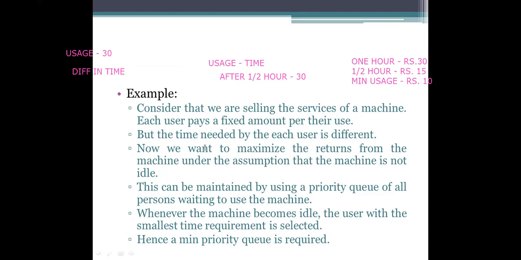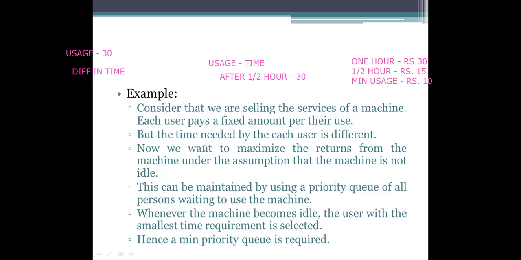So each user will differentiate with time, which means we need to fix the amounts as per their use. If we want the maximum service to be done, the machine providing the service must not be idle.